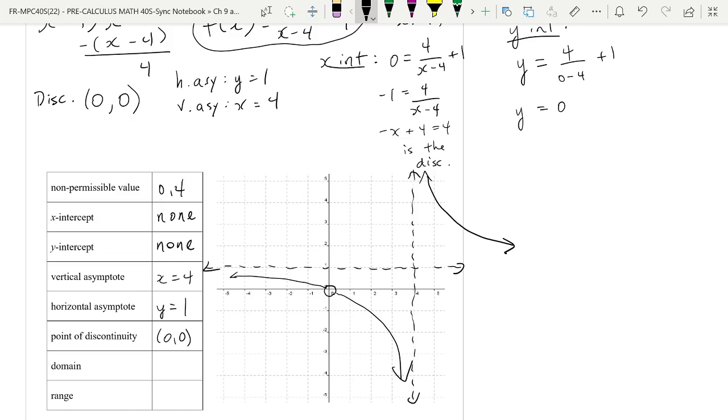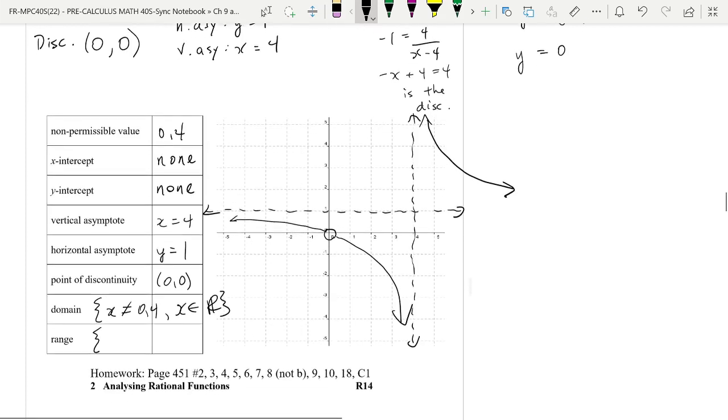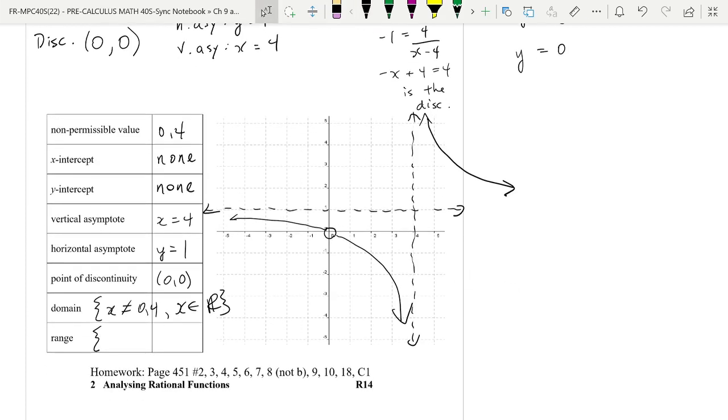And for my domain, I think I'll do this one in set notation. It's actually less writing this time. So x can't equal 0 and 4, but it can be everything else. And range, y can't equal 0 and 1, but it can be anything else.